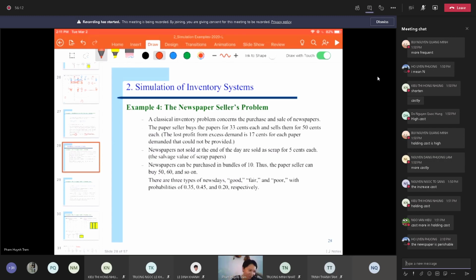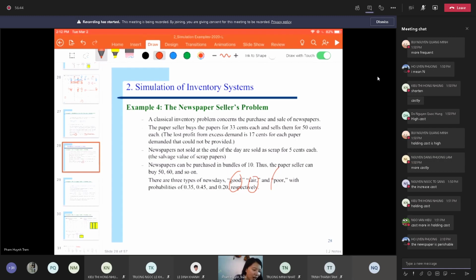In this example, we assume that there are 3 types of news day, and it can be good, where there is very interesting news on that particular day and so the selling is very high. The news day may be fair, normal, or very poor.